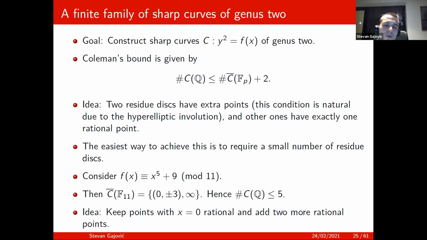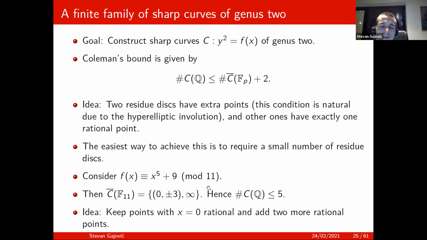So the only way that this can be a square modulo 11 is when x is divisible by 11. In this case, we get the number of F_11 points is 3, 0 plus or minus 3, and only 1 point at infinity because we are in the odd degree case. So that was the idea behind this polynomial. And we conclude that the number of rational points cannot be greater than 5 if the rank condition is satisfied and 11 is a prime of good reduction.